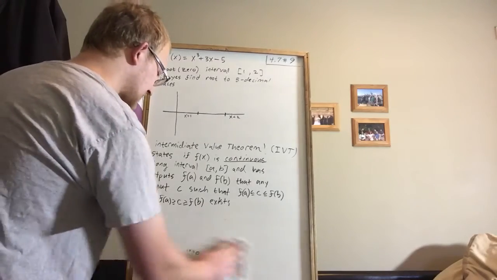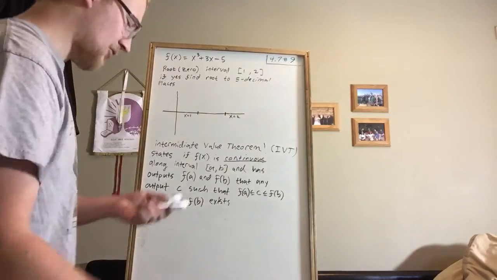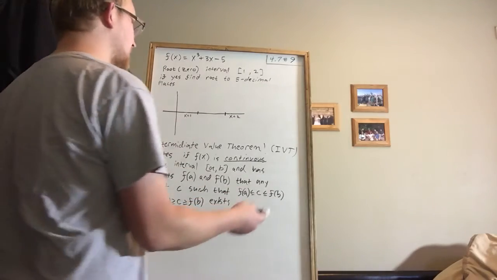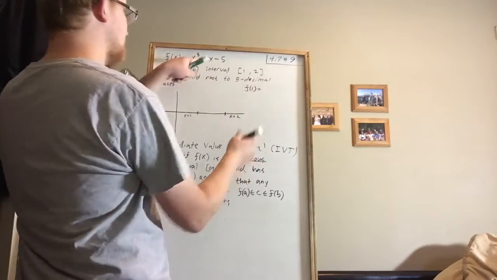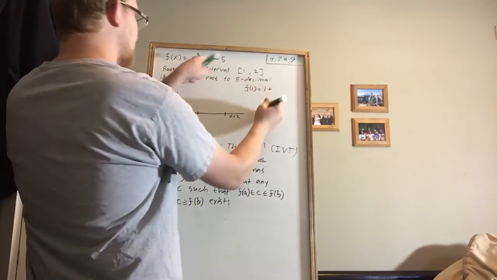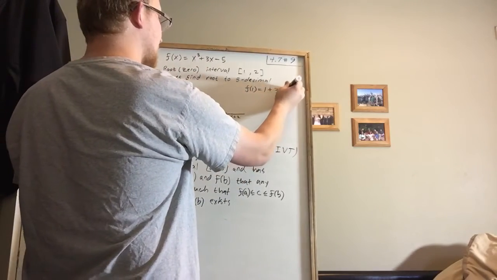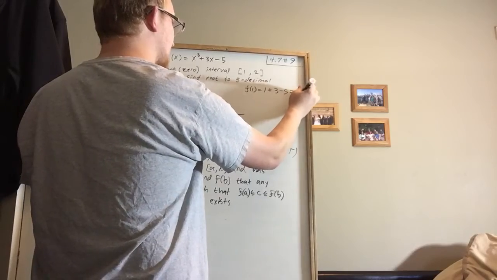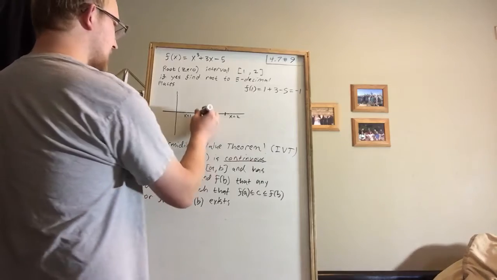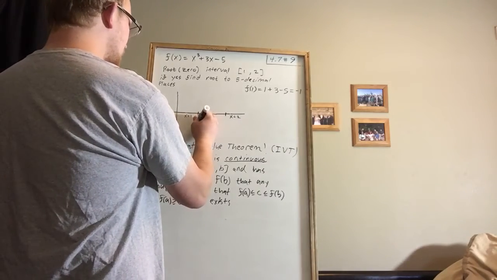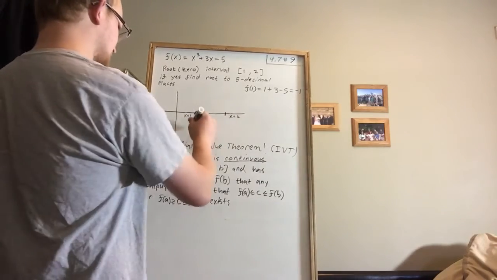We'll go through it with the 0 up here. So we're going to plug in our endpoints, 1 and 2, into our function. f of 1 is equal to 1 cubed, which is 1, plus 3 times 1, which is 3, minus 5. This gives us minus 1, right? 1 plus 3 is 4, minus 5 is minus 1. So when x equals 1, our y output equals minus 1.